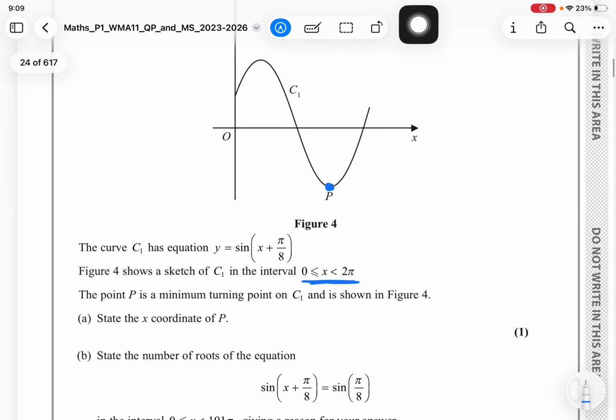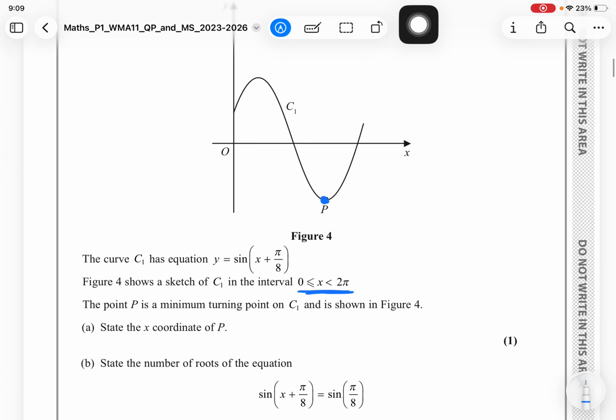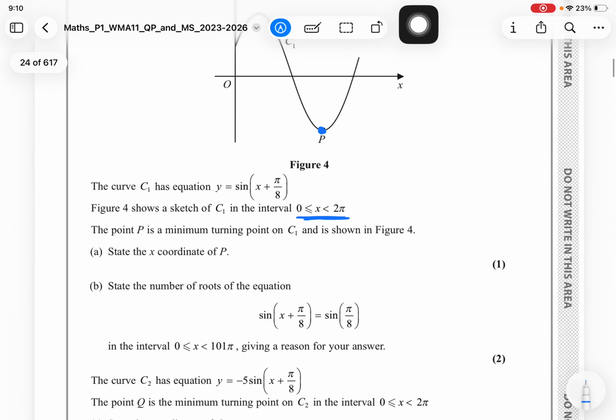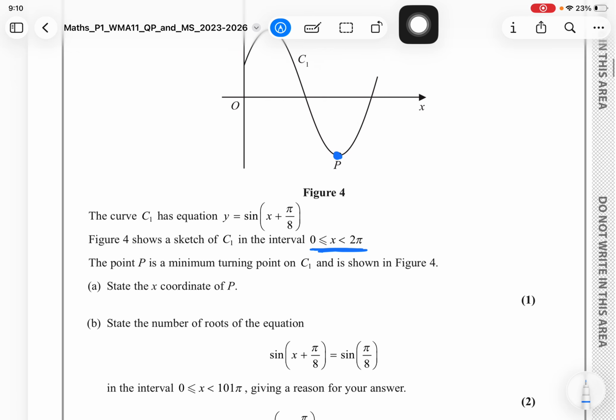Now let's see another question. State the number of roots of the equation. And is there a range given? Yeah, there's a range of 0 to 101 pi. Now that's a good question where you can see how these values are going to come.